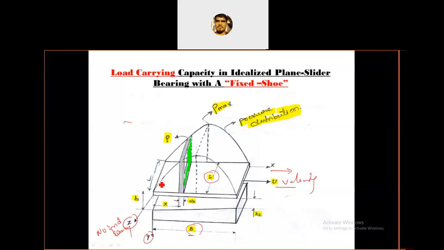In the last class we derived this pressure distribution along the length of the bearing surface. It is minimum here, minimum meaning atmospheric, or we can call it zero, and here the pressure is maximum. The area under the pressure distribution curve, multiplied by the width of the bearing surface, is equal to the external load W acting on the bearing.